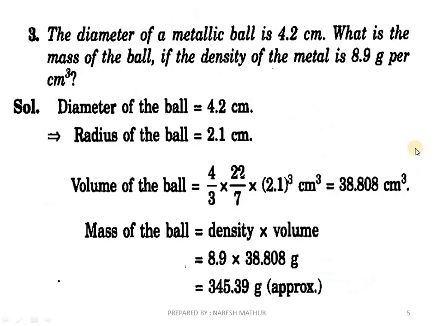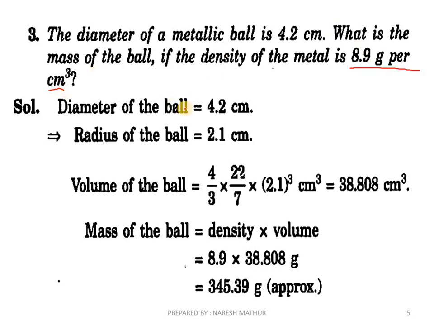Alright, in the next one the diameter of a metallic ball is given as 4.2 centimeter. We need to find the mass of the ball if the density of the metal is 8.9 gram per centimeter cube. See here we are given the density, and it means we need to deal with the volume.